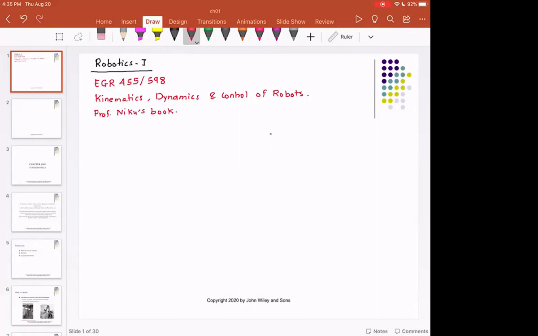We will be using MATLAB and Mathematica. So I would encourage you to download these software from ASU My Apps.